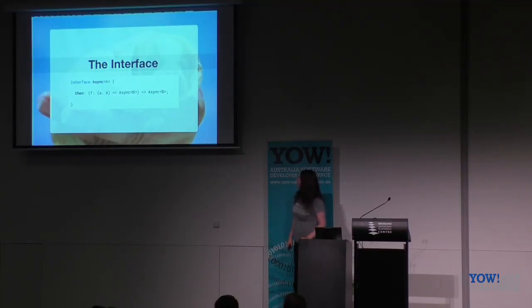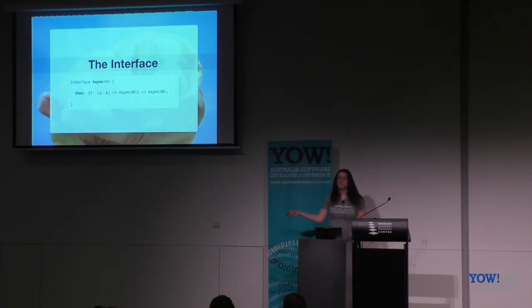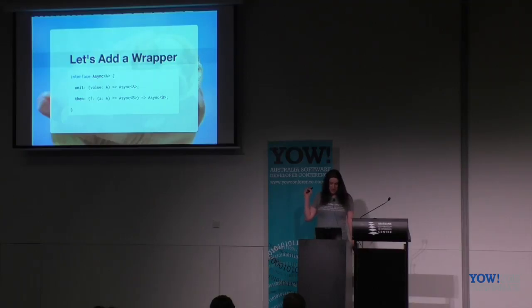This is for an async operation of type A. The callback function will receive a value of type A, and it should return a promise of type B. The then function will also immediately return a promise that will eventually resolve to the type B that you return from the callback function. We can add the unit function that I showed you earlier to get straight into a promise value that has a resolved value of type A.